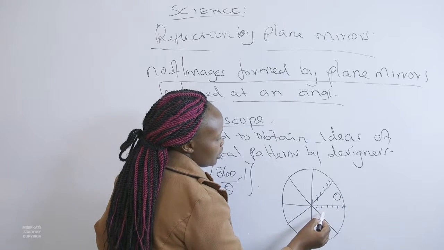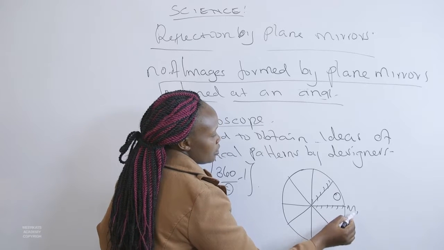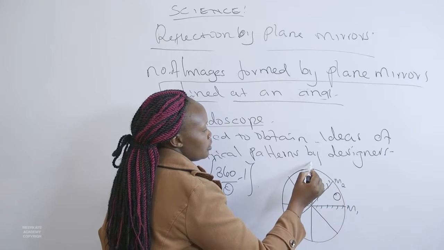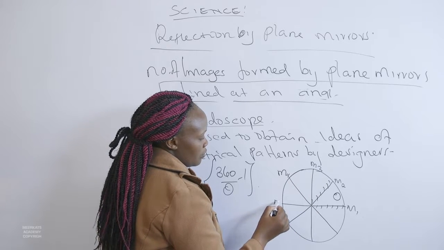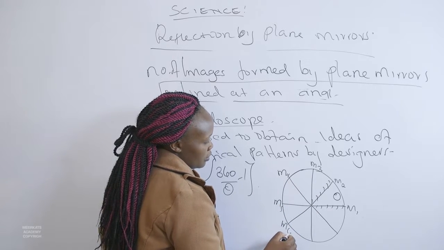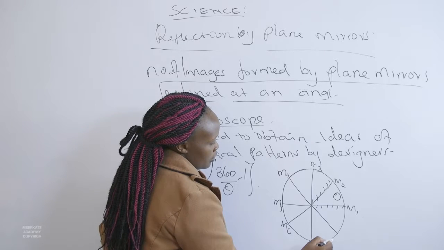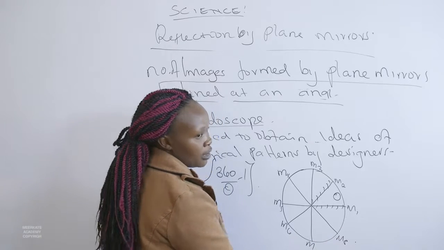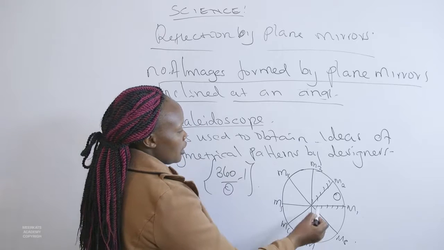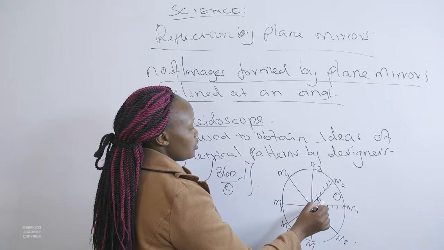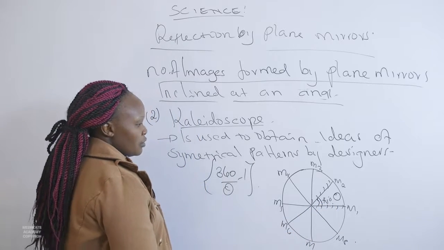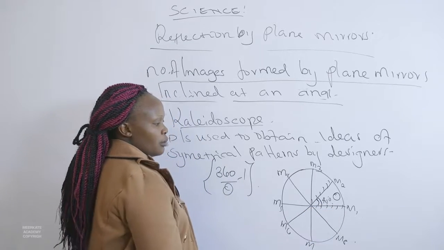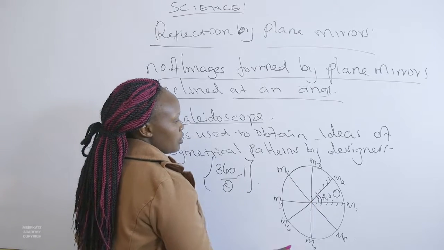You have the object here. This is your mirror 1, 2, 3, 4, 5, 6, 7, and finally 8. Then the angle of inclination is 45 degrees. You have images by mirror 1 as well as images by mirror 2.